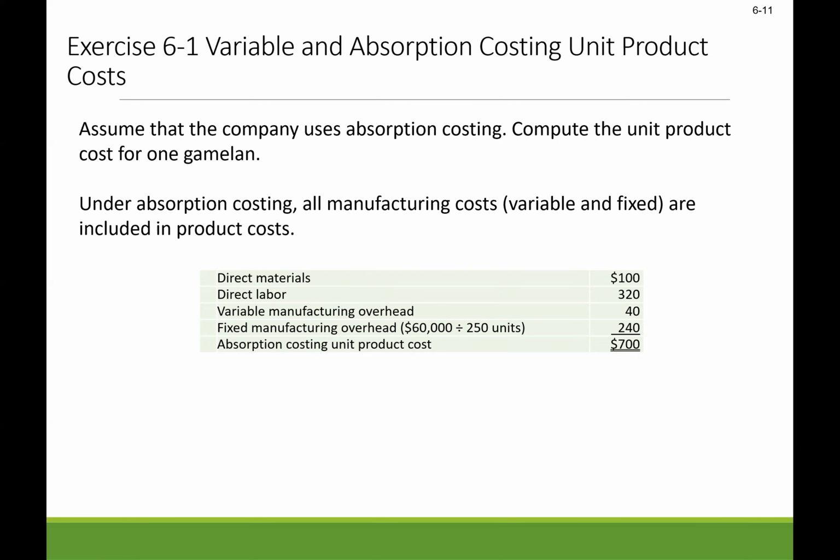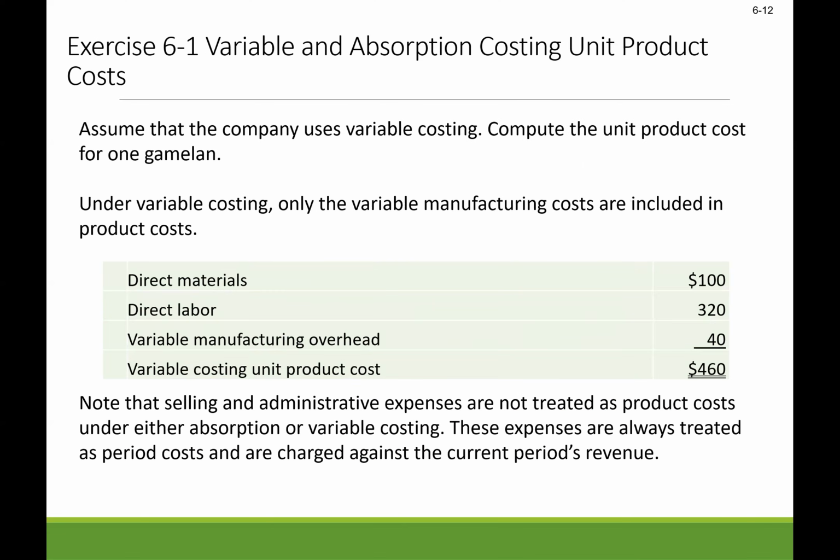The difference with variable costing will remove the fixed manufacturing overhead to show the cost is $460. Selling and admin are treated as period cost under both methods.